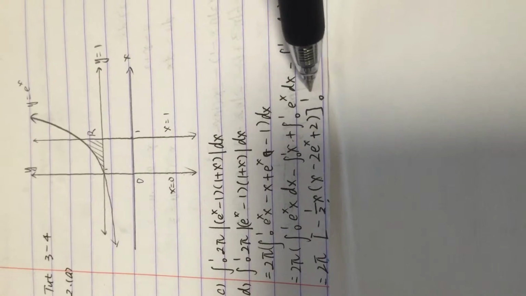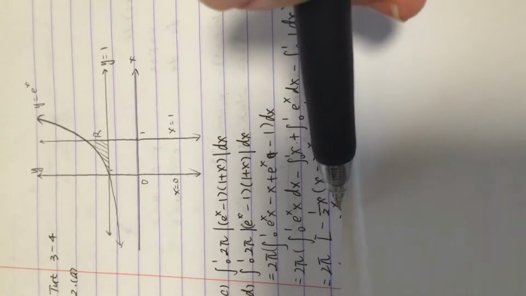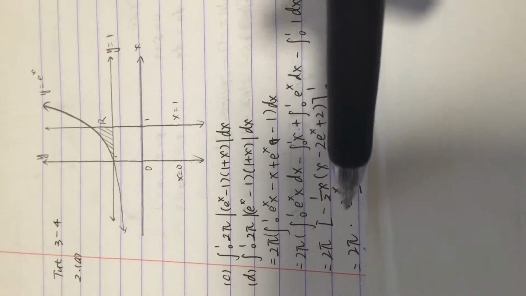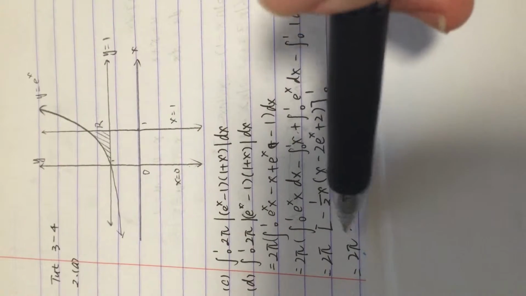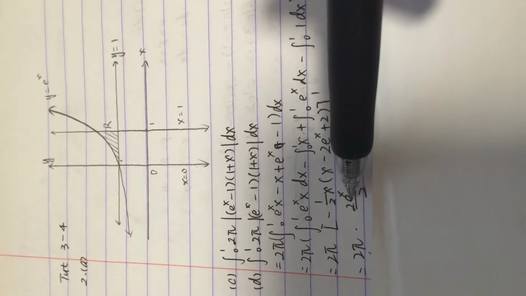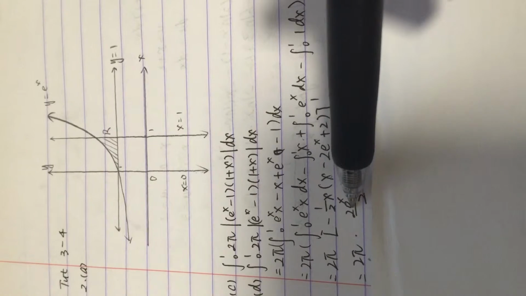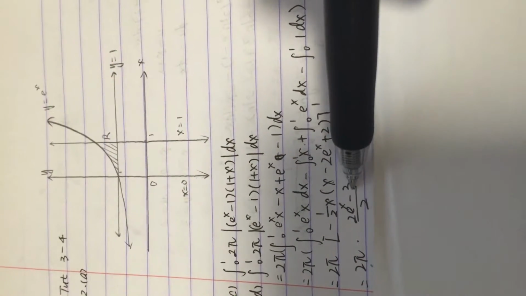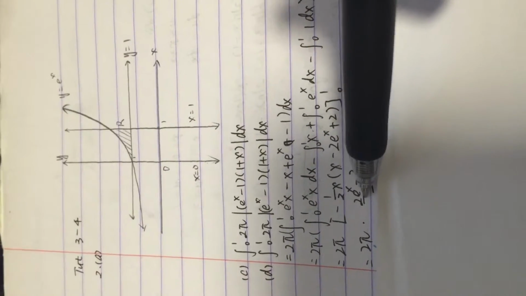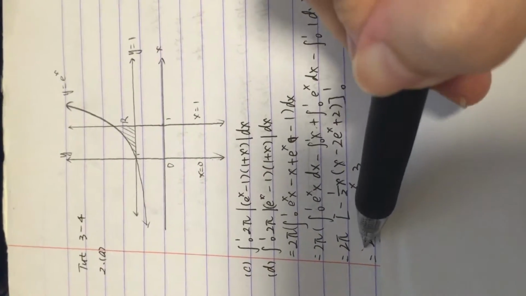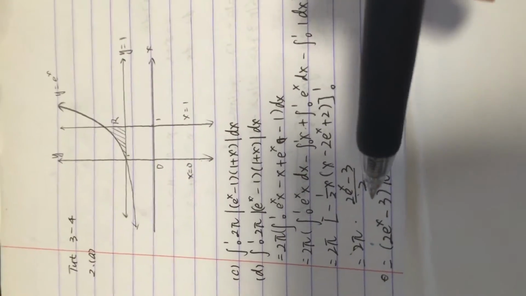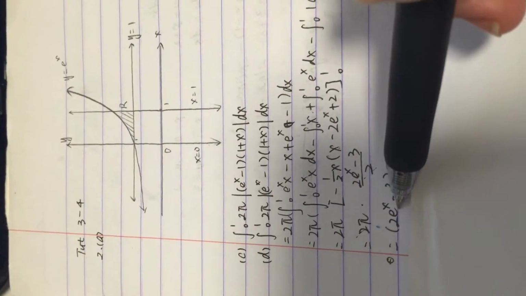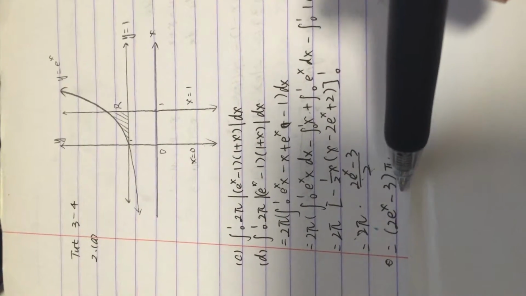You substitute 1 and 0, that will be 2 pi times (2 to the power 2 times e to the power of x minus 3) divided by 2. This gets cancelled, so your answer would be 2 times (e to the power of x minus 3) times pi.